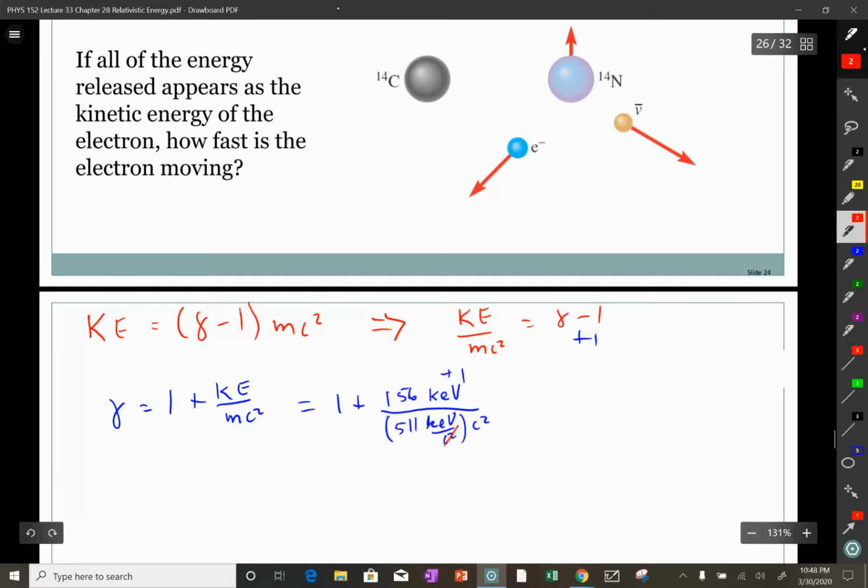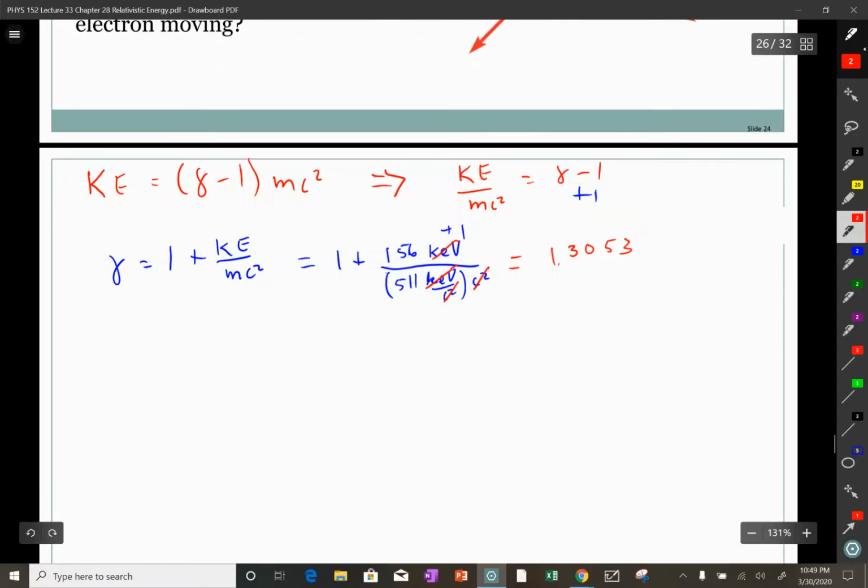Notice that my c squareds cancel, my kiloelectron volts cancel, and I just have 1 plus 156 over 511. Well, you do 1 plus 156 over 511, and you get 1.3053 for gamma. And now I just need to find the speed from that.